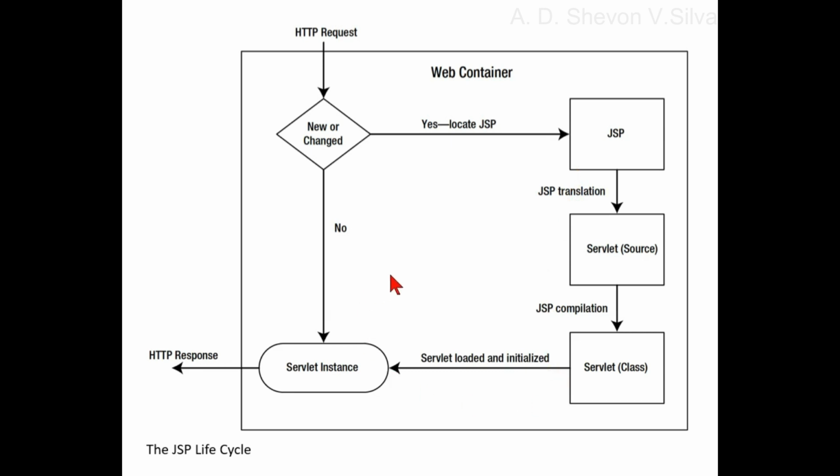Here, before processing a request, the container determines whether the JSP source is new or has changed. If so, the container translates and compiles the JSP page into a servlet class or page implementation class before passing the request to the servlet for processing.